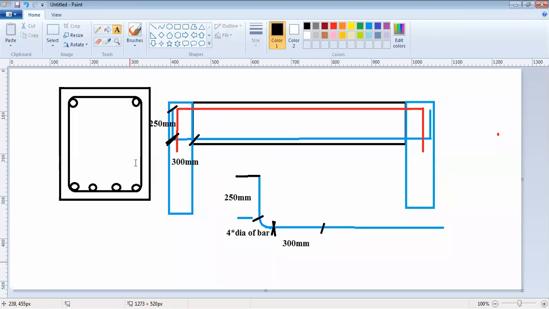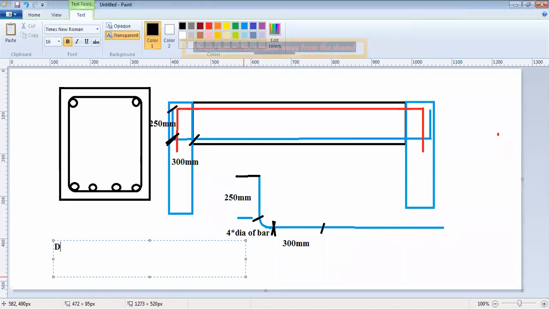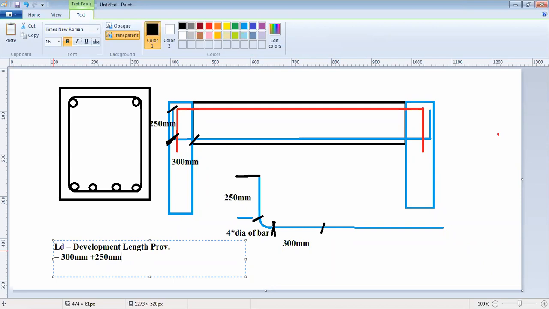Now, if we check how much is the total development length that we are providing, let that be LD. LD is the development length provided. How much is this? This is 300 mm plus 250 mm plus 4 times the dia of the bar. What is the dia of the bar here?